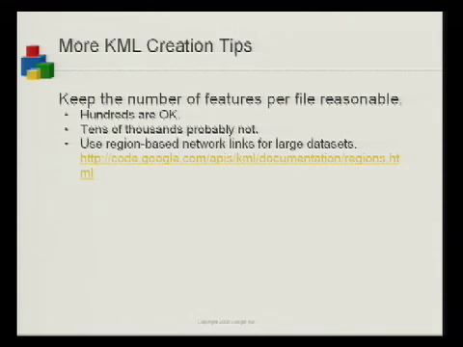Okay, so keep the number of features per file reasonable. Hundreds are okay, tens of thousands are probably not. It's going to be a lot more difficult for us to index all of those, and if you have one big folder with tens of thousands of placemarks in there, it's going to be less meaningful to us, and it's also not going to show up in the top 10 results as easily.